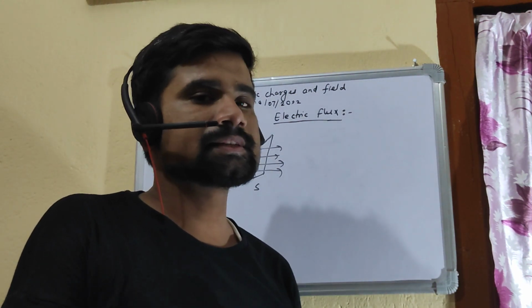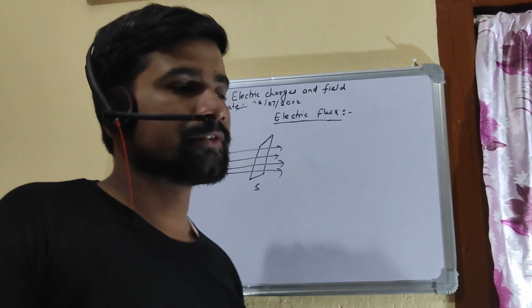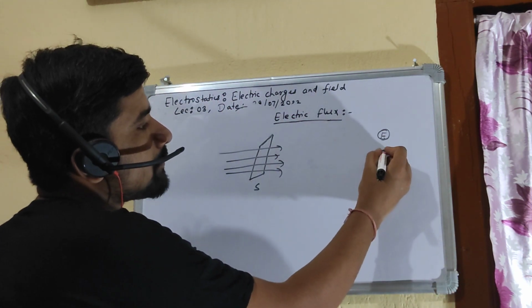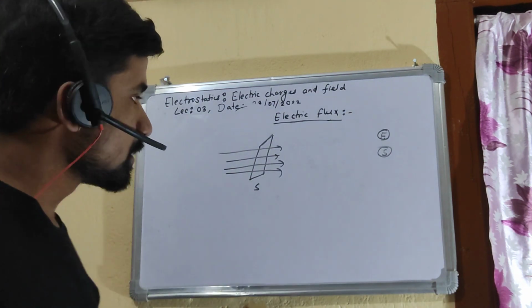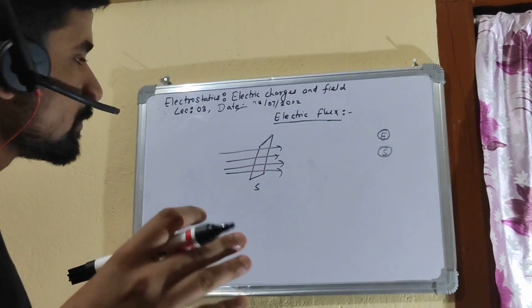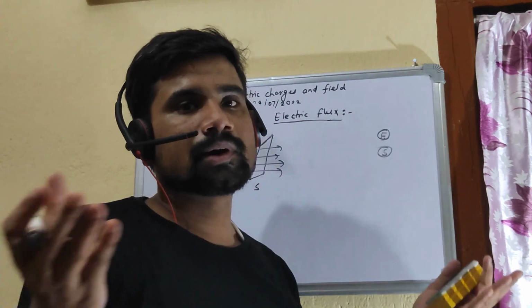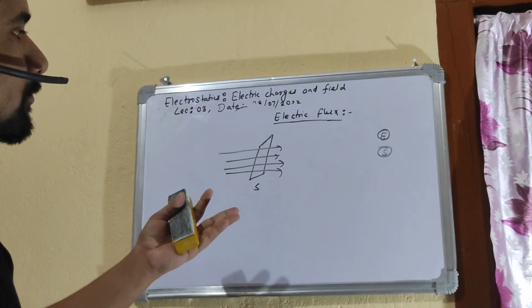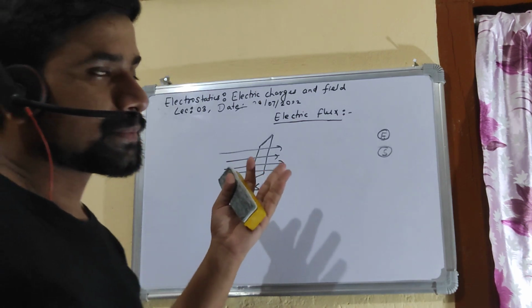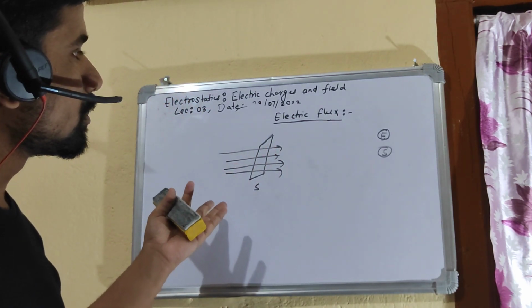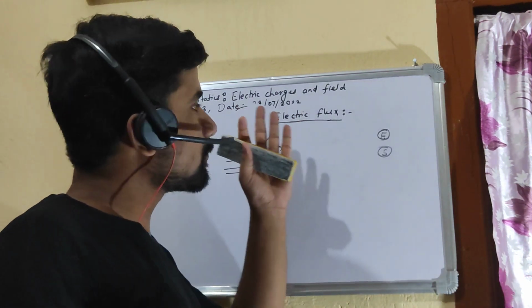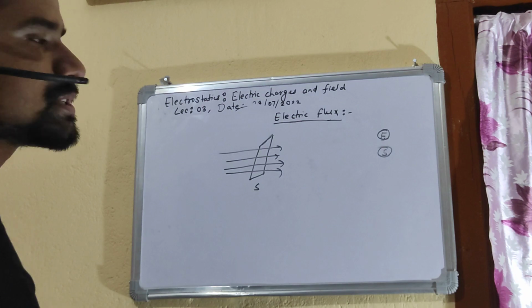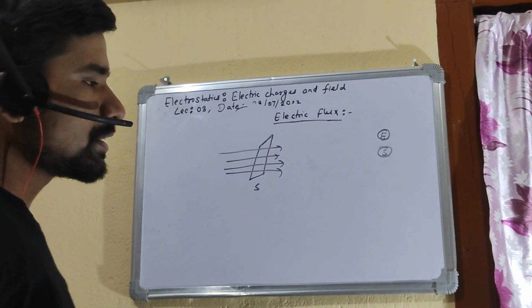One we obviously discussed is strength of electric field, which is E. But one more parameter which we have is S, which is area. So the bigger the area, the more space we have to accommodate number of field lines. And the same goes with magnitude of electric field. The greater the magnitude of electric field, the more number of field lines we have. So electric flux is an indicator of number of field lines passing through this particular area, right?